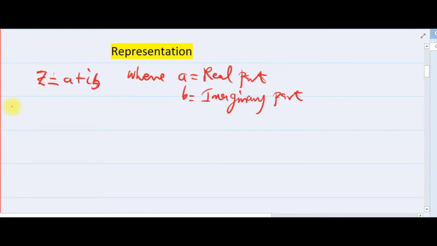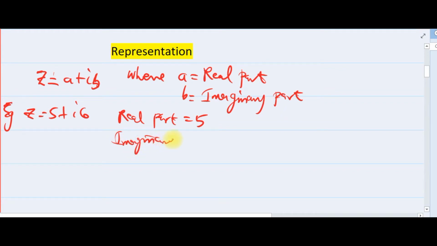So for example, if you have 5 plus i6, our real part is 5, while our imaginary part is 6. Real numbers are also complex numbers, because 5 could be written as 5 plus i0.